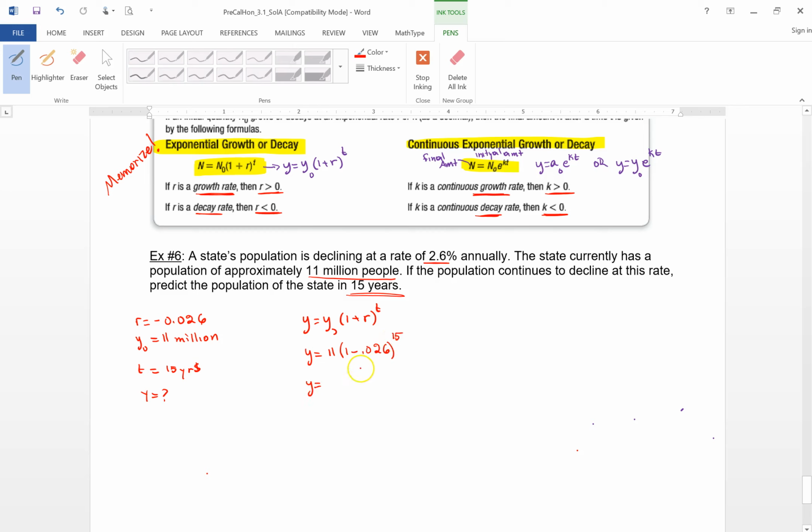Hang on. What's 1 minus 0.026? 0.974. So this is important to write it this way.